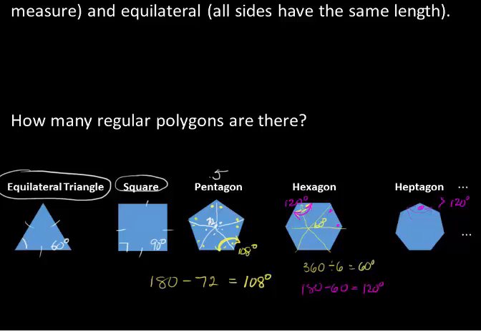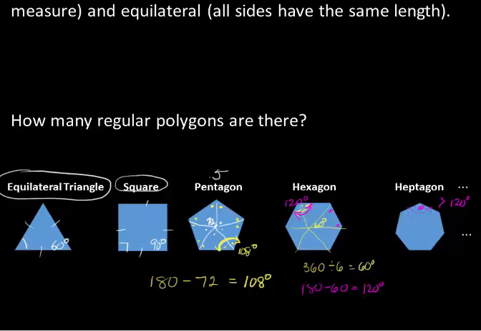And it continues. Well, how many regular polygons are there? Even though with a drawing instrument it might get increasingly difficult to draw the regular polygons with greater and greater number of sides, how many are there?